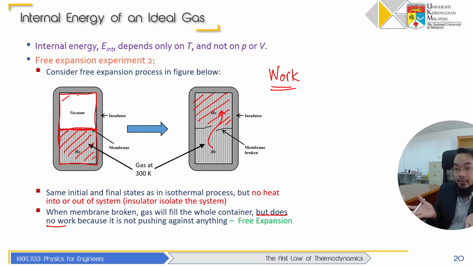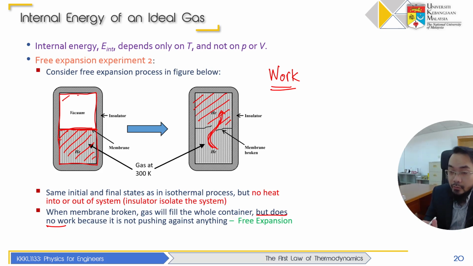You may say that the helium gas is pushing against the membrane and the vacuum, but remember, when you break the membrane, it's not pushing the membrane; the gas goes through the hole that you created and fills the vacuum.